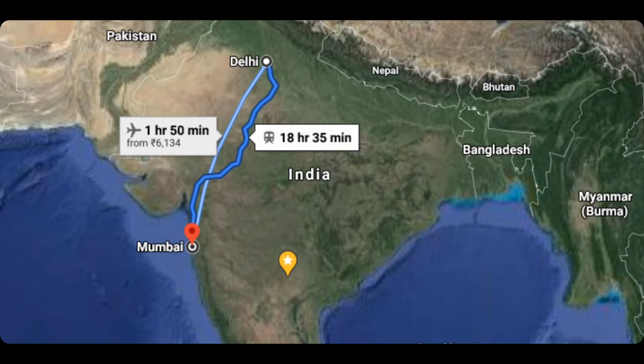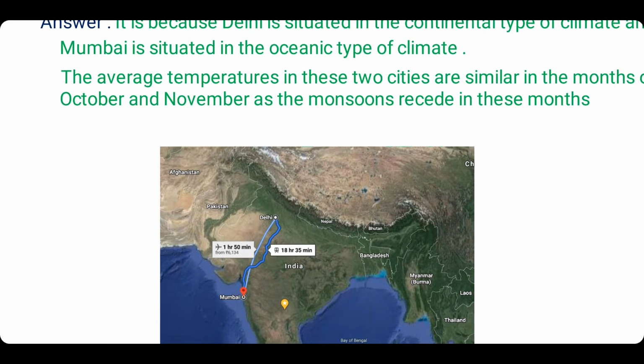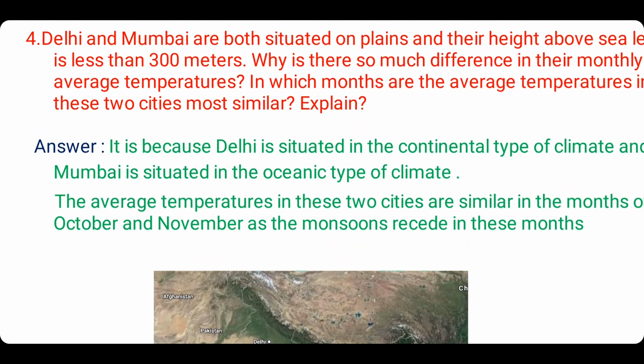The temperature is generally moderate. This is called the oceanic type of climate. Whereas Delhi is far away from the seashore, it experiences a continental type of climate. Therefore, there is a huge difference in the average temperature of these two places.